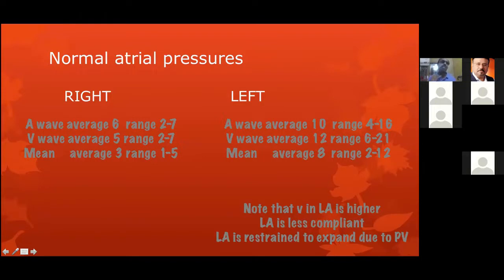Now, in order to understand what 12 millimeters of mercury means, what we identify from the neck is the JVP in centimeters of water. Let's assume I have about 8 millimeters of mercury. It's roughly around 11 centimeters of water. One recommended method of assessment is to put the patient in a 45-degree position. The middle of the right atrium will be 5 centimeters below the level of the sternal angle of Louis.